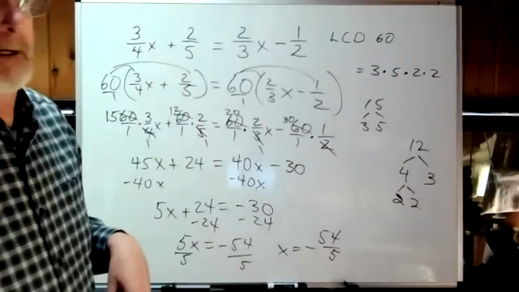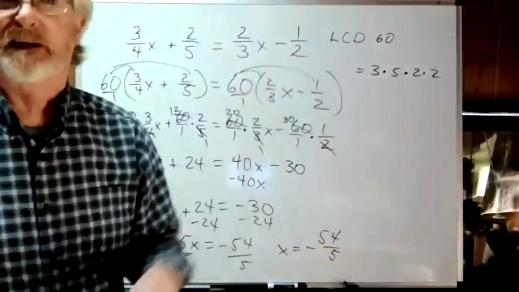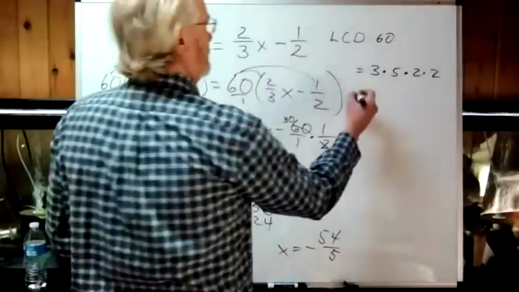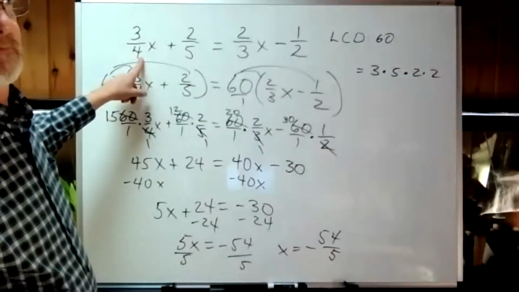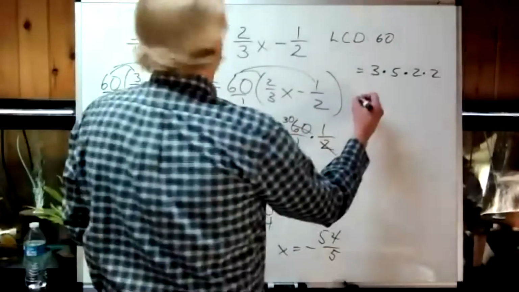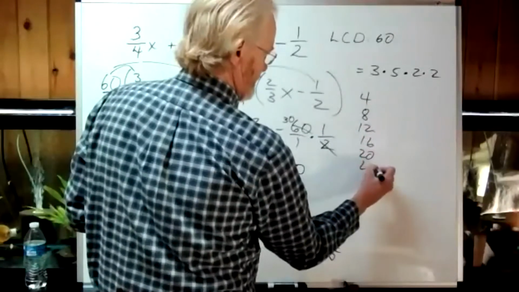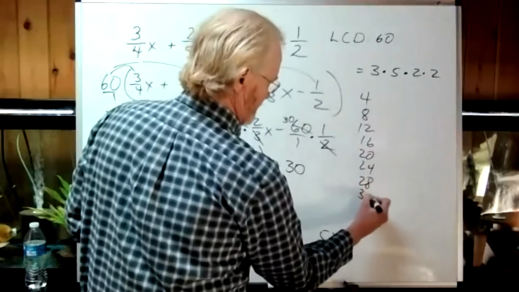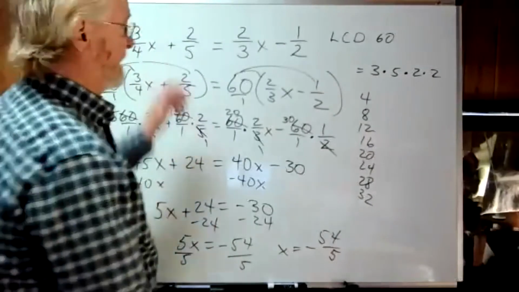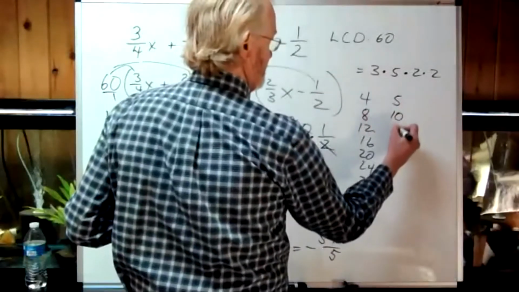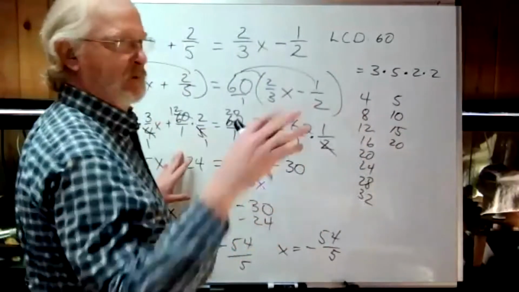Breaking it down into all the prime factors. The other possibility, which you might call a chart method, is to just start, first of all, maybe just hope that you recognize that the 2 fits into the 4. We could save a step, but, well, 1 times 4, 2 times 4, 3 times 4, 4 times 4, I could just keep going and get a long list of all these multiples of 4. But then I could do the same thing for 5s. Now, this problem has 4 different numbers. Usually we were just looking at 2 and adding.